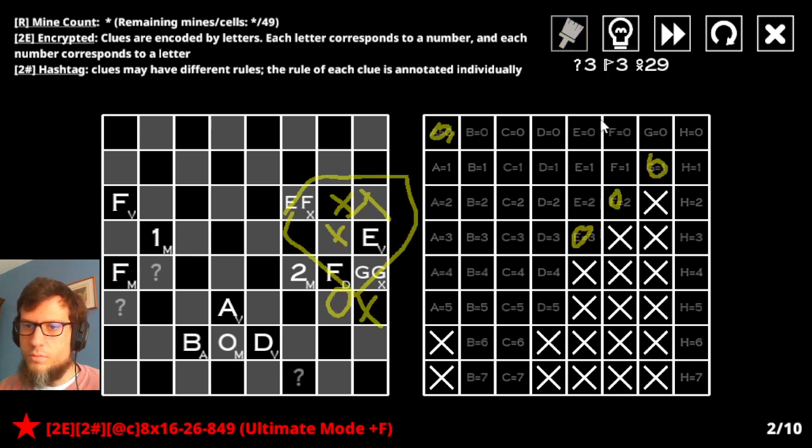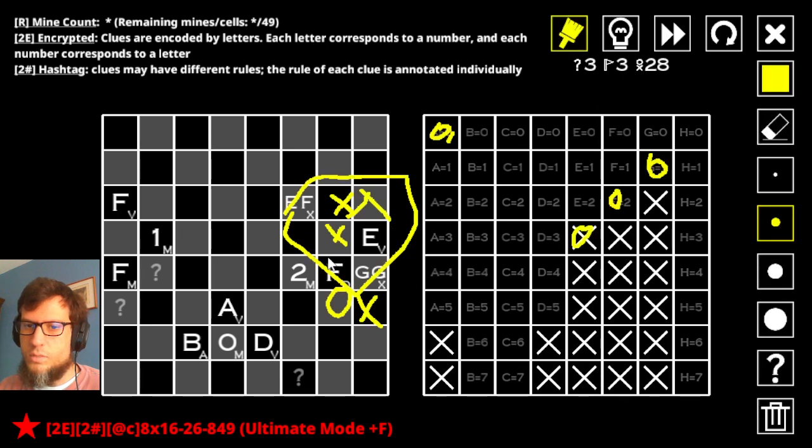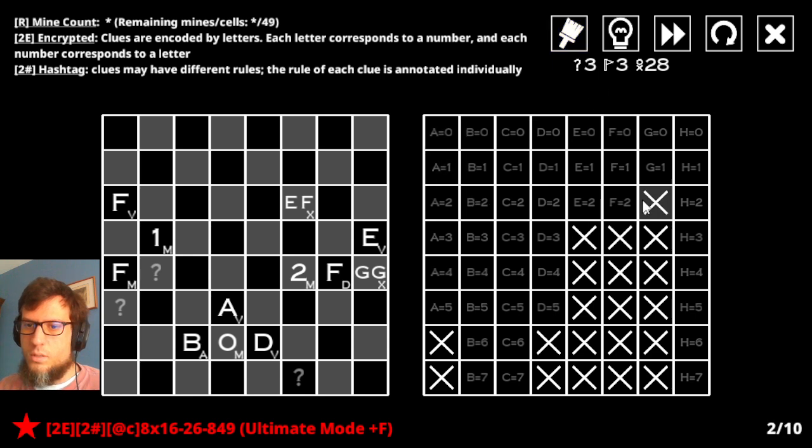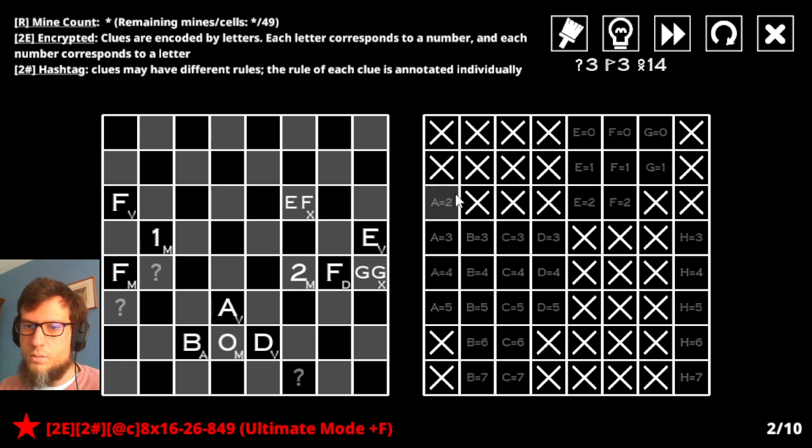So E cannot be 3, because if E's 3, that forces 3 on the F, which it can't be. Alright, cool. So that means these 3 have to take up 0, 1, and 2. So that means nothing else is allowed to be 0, 1, or 2. Isn't it beautiful? Okay. Furthermore, oh no, okay. These 3 together, no. Alright, can't do anything similar with that then, unfortunately.